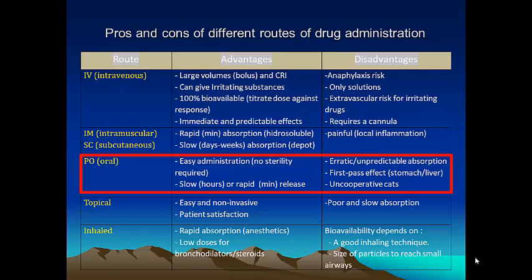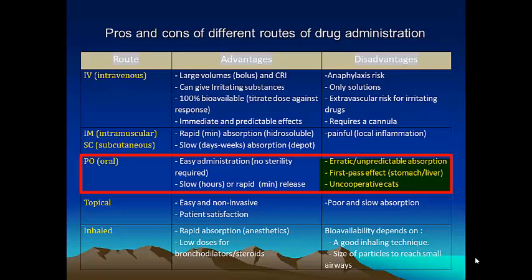And some of the disadvantages pertain to the unpredictable absorption, particularly when we give drugs with food. Food may bind the drug, and if the animal, for example, were to have diarrhea, the drug may not stay long enough to be absorbed.